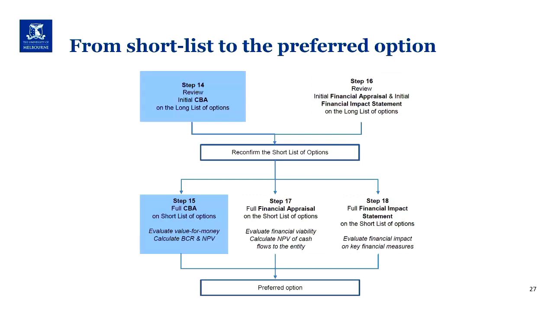And once you confirm that they are okay, you go to steps 15, 17, and 18. In this case, that is the full economic appraisal and the full financial appraisal of the short list options. It is basically the same, you need to run it, but with more accurate data, more analysis, and more information, so the policy makers or decision makers can make a better informed decision.